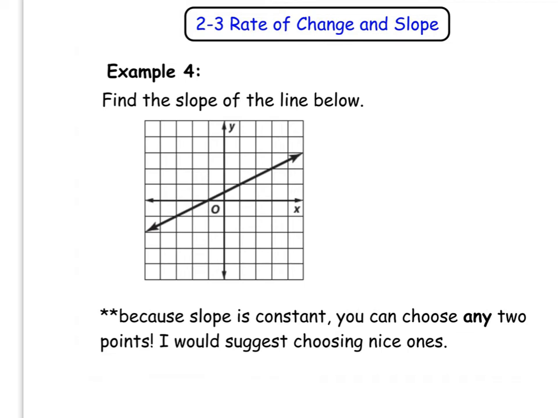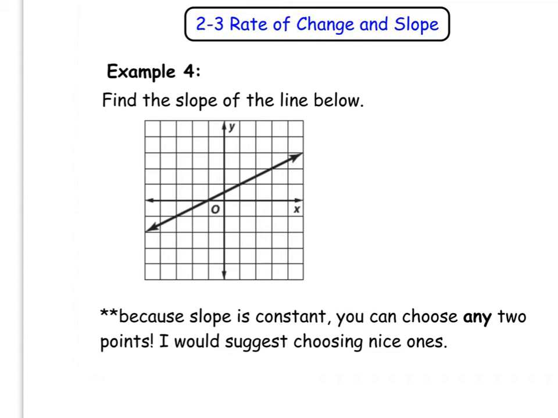Because yeah, you could choose this point right here, but you don't know exactly what that point is. It's like 1.5 maybe, and like maybe 1 1/3, but I can't be sure. So what you need to look for is points where the grid lines intersect. You have to choose those nice points because those are exact.